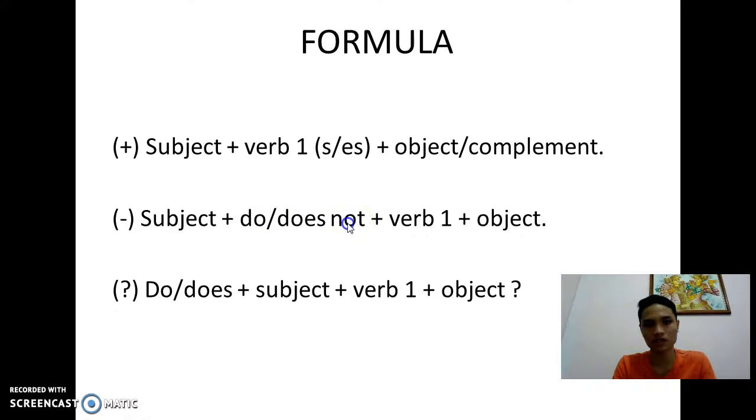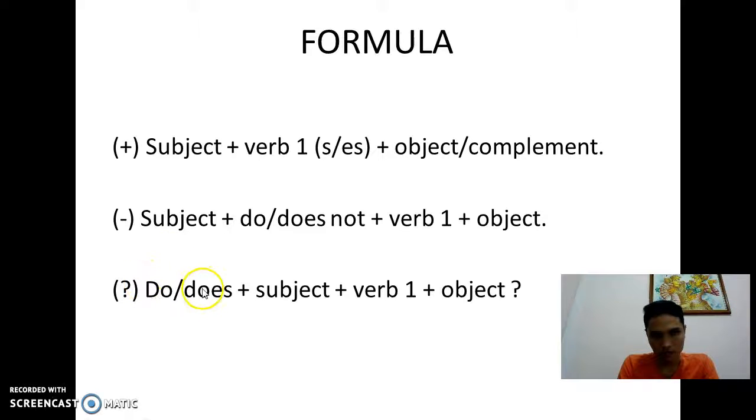But if the subject is Dewi, Ayu, we have to use do not, and followed by verb 1 without s or es. Exactly.